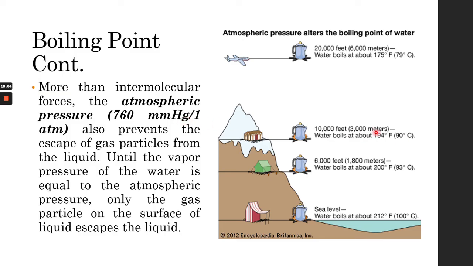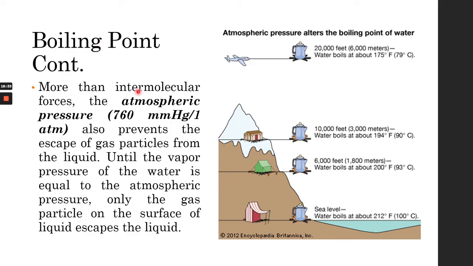So it takes less energy for the vapor pressure of the water to equal the atmospheric pressure present at higher altitude. It takes less energy to shift the liquid to the gas phase. Again, intermolecular forces and atmospheric pressure contribute to the boiling point of a liquid.